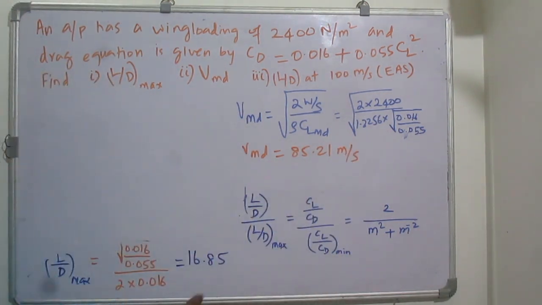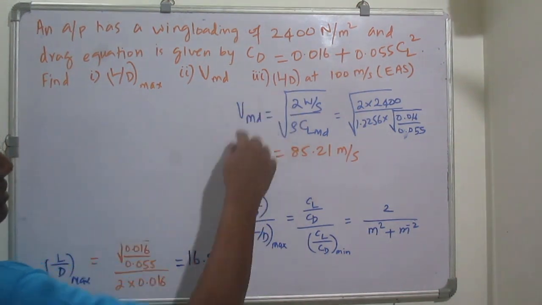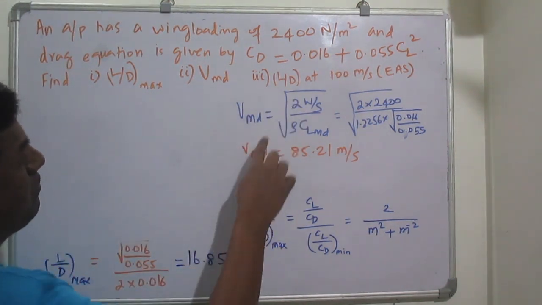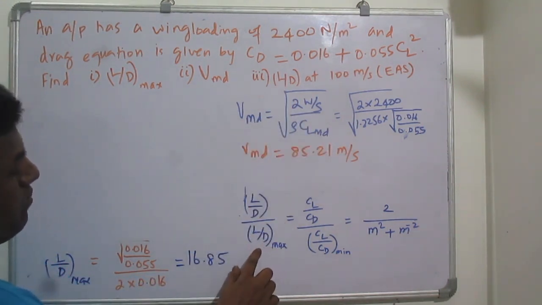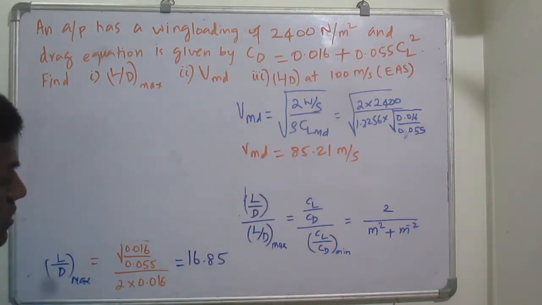Now one more part is left out. That means L by D ratio at other speeds. For that we have to use this formula.